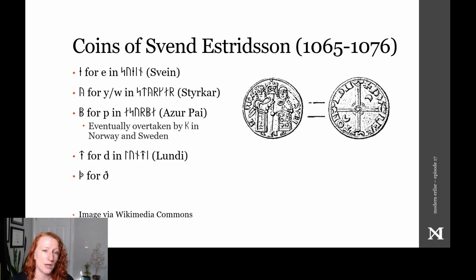The dotted kaun and bjørko runes in Norway, for example, only appear in the 12th century, and stung tyr appeared in Scotland only in the 14th. The dotted bjørko was gradually overtaken in Norway and Iceland after the 13th century by this new rune, which I introduced in my last episode on Iceland.